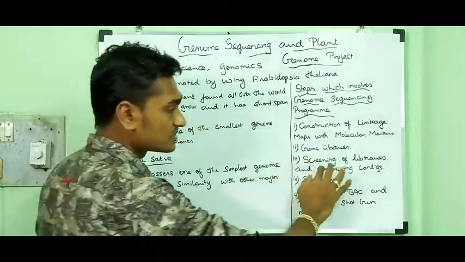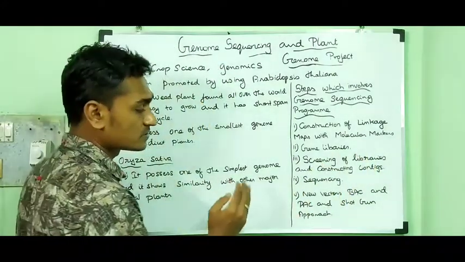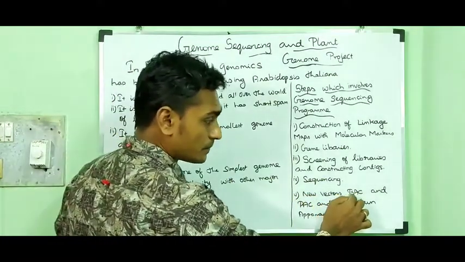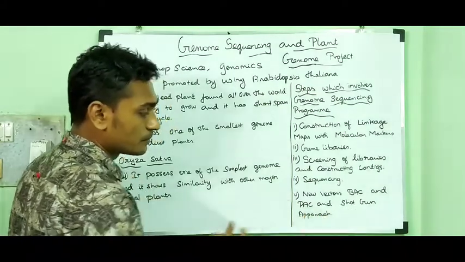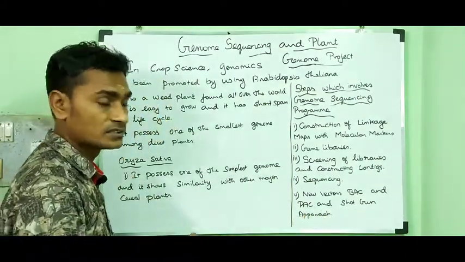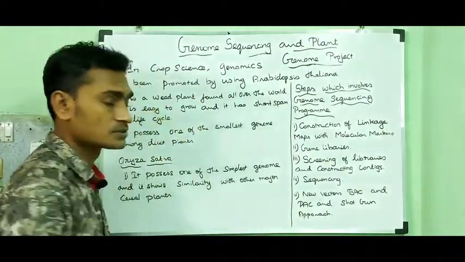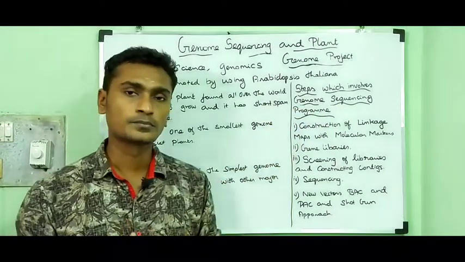Third step, screening of libraries and constructing contigs. Fourth step, sequencing. The fifth step, new vectors, BAC, bacterial artificial chromosome, and PAC, P1 derived artificial chromosome, and shotgun approach. So these are the steps which are involved in genome sequencing program.